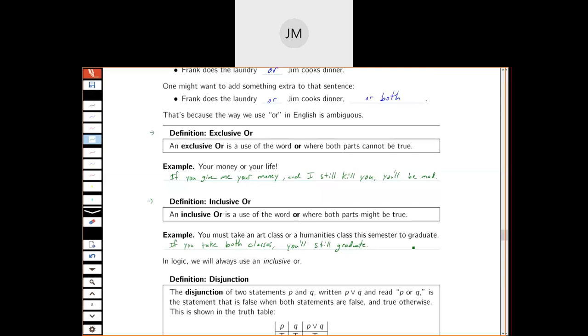When we're talking in English, usually the context is enough for us to know which type of or we mean, which is why it's just one word.